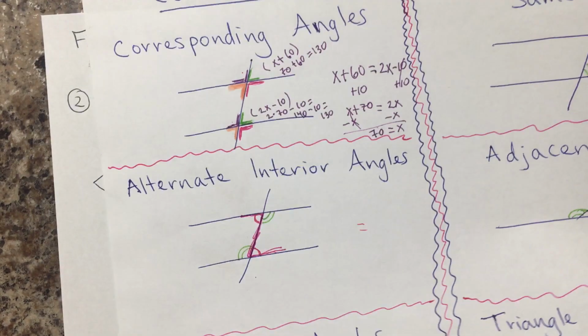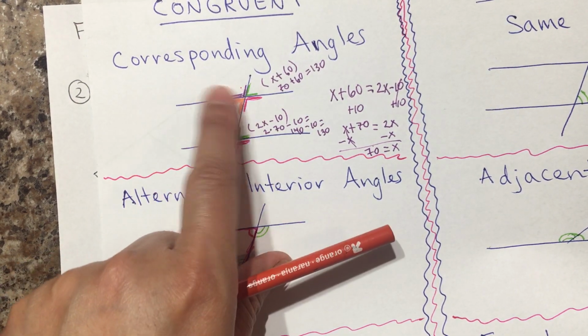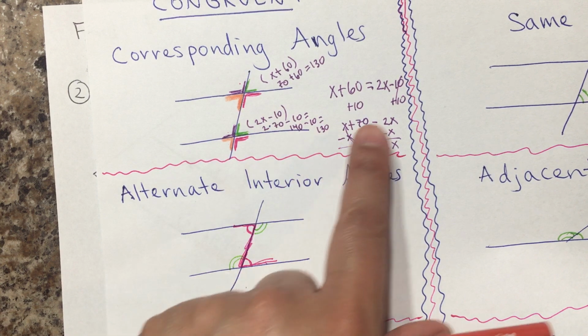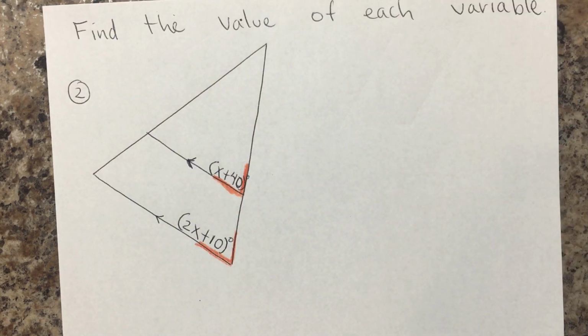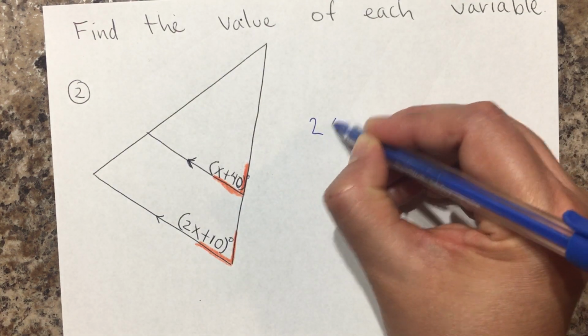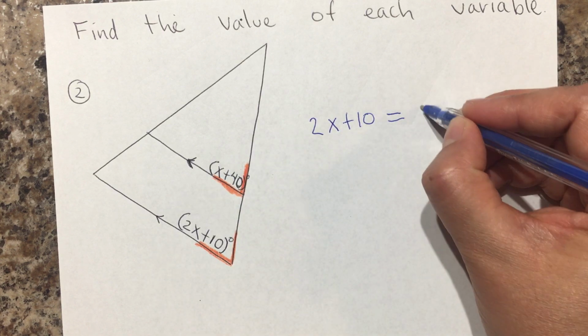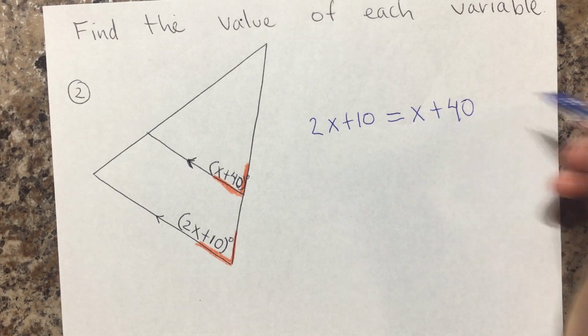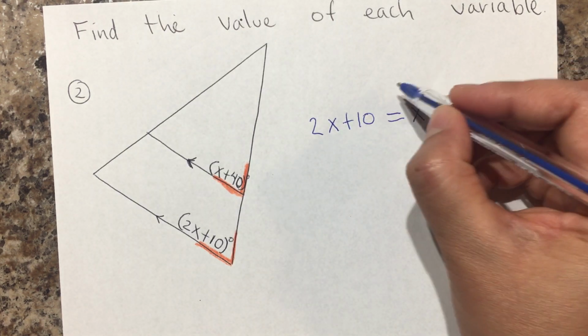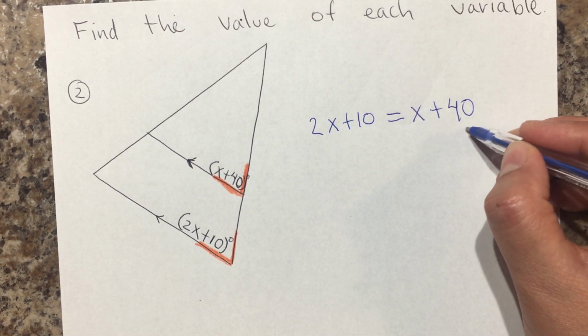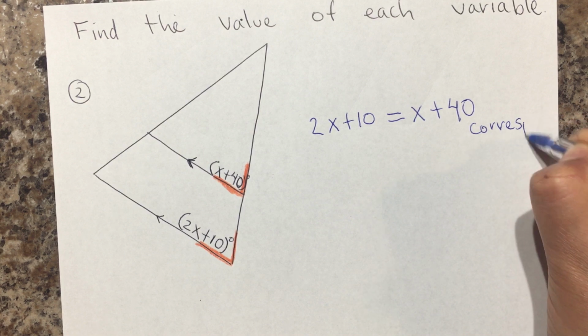And for corresponding angles, you put an equal sign in the middle. So all you have to do is put 2x plus 10 equals x plus 40. The reason is because they are corresponding angles.